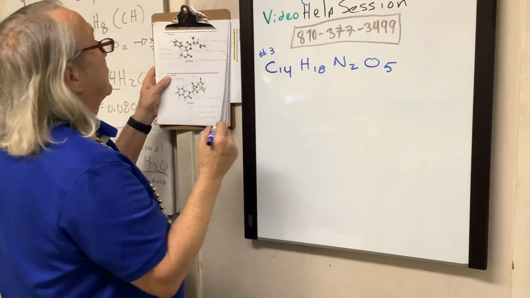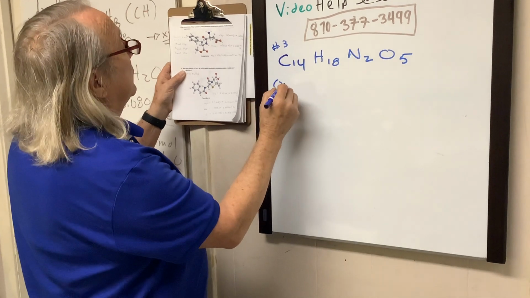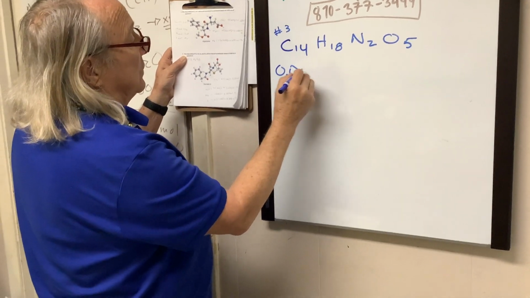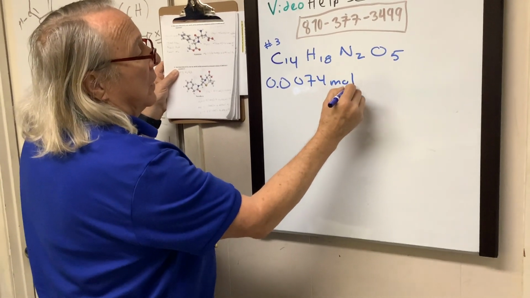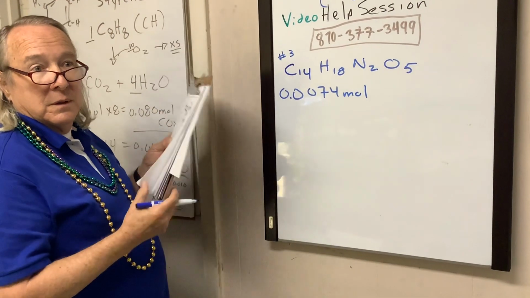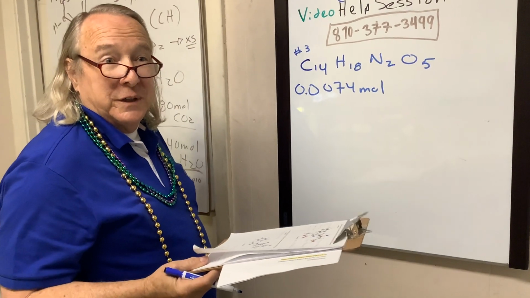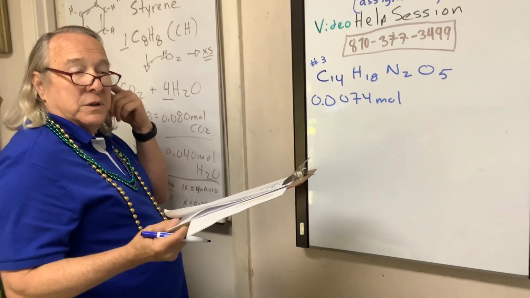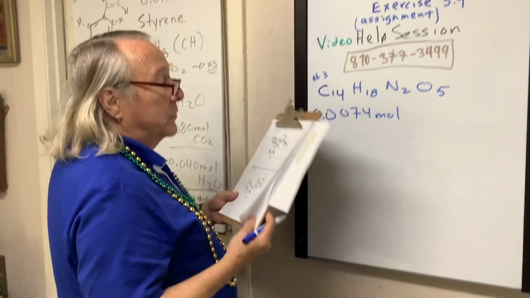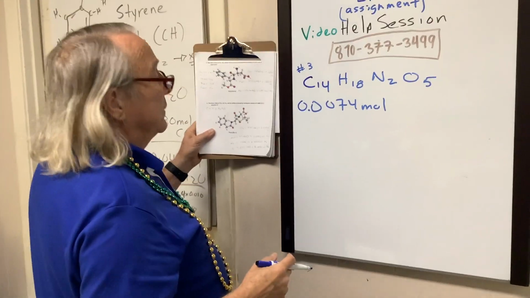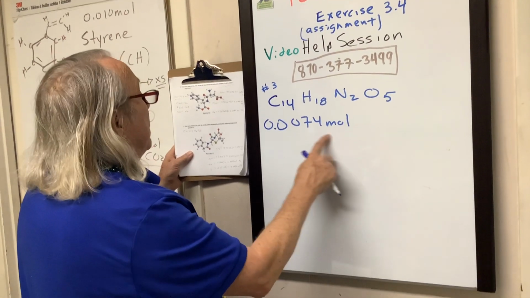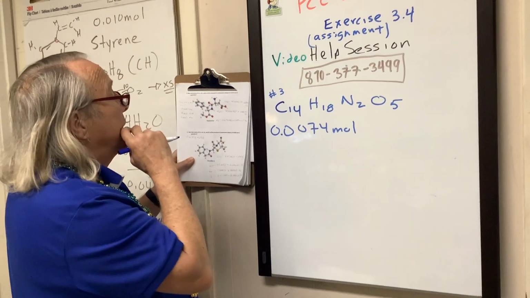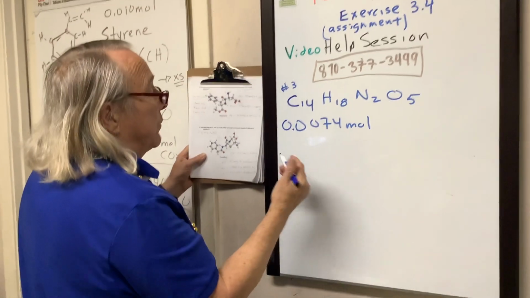And it asks, if we start with 0.0074 moles of Equal, the sweetener Equal, that equals the sweetness of sugar, aspartame, like I said, the stuff in the blue packets. If we start with this many moles, how much will we make? Well, for carbon, we'll make 14.